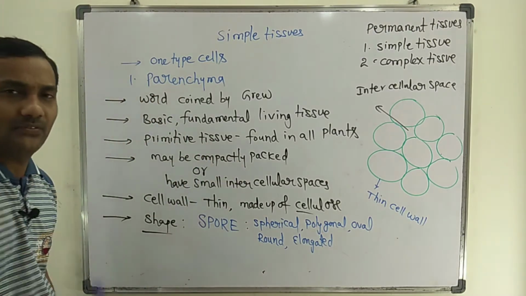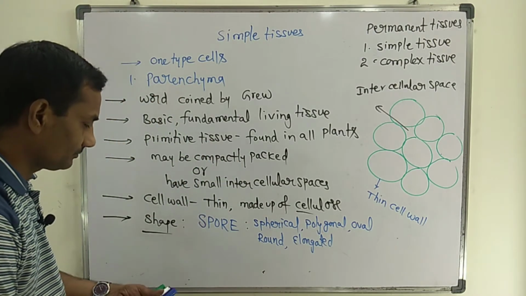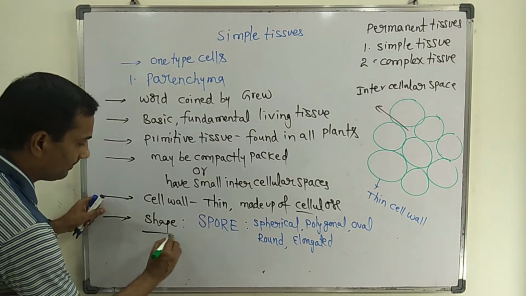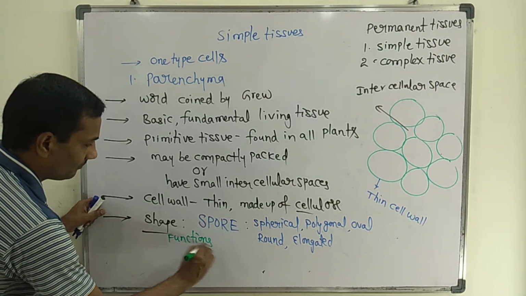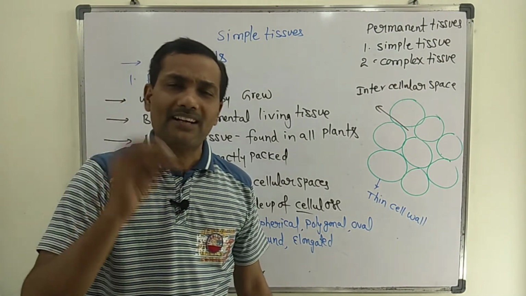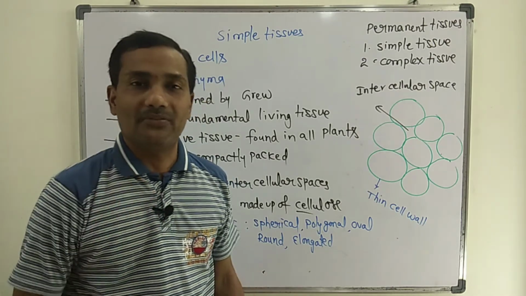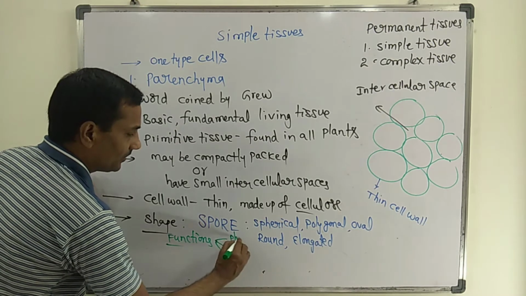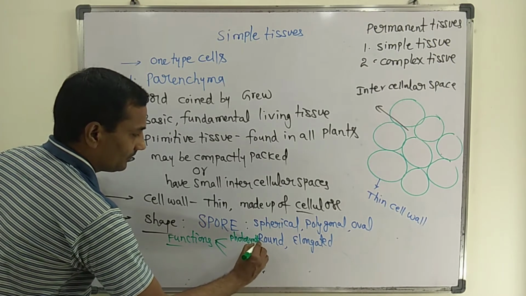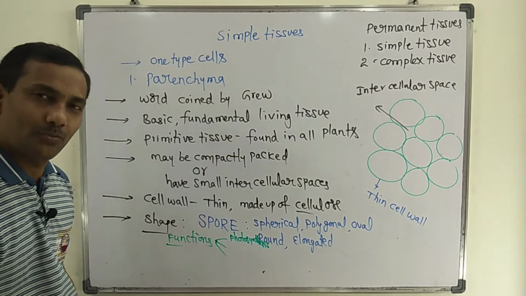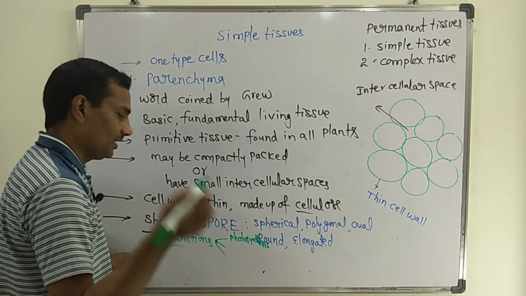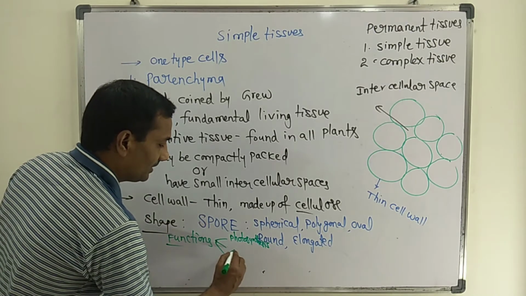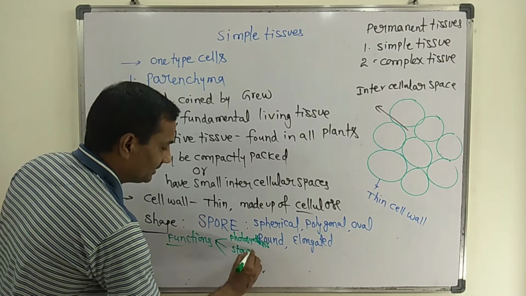Parenchyma performs different functions. Now I will write the functions of parenchyma. Parenchyma in different plants performs different functions. The main important functions: photosynthesis, if the parenchyma consists of chloroplast. Or it may store various materials, that is storenchyma, for storage.